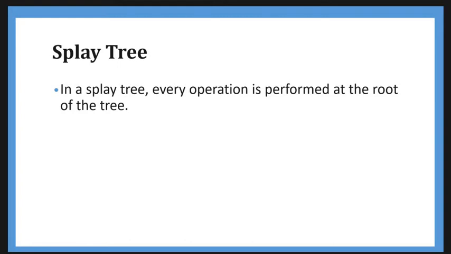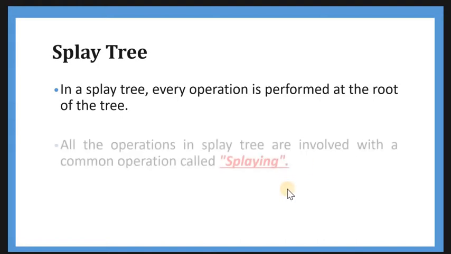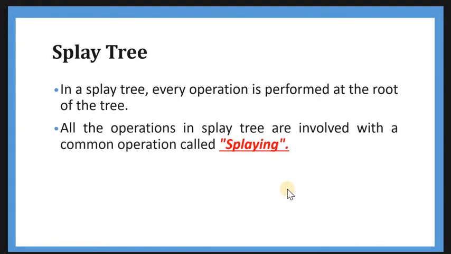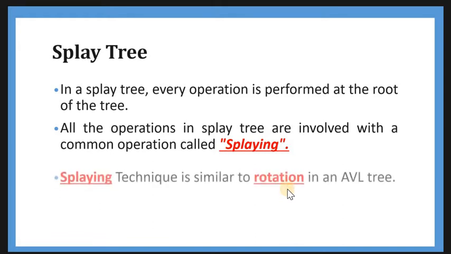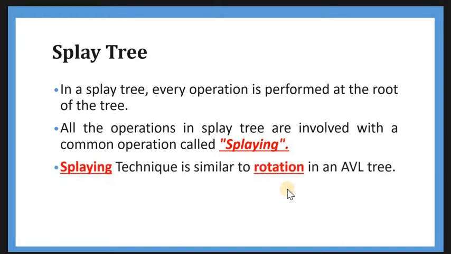In splay tree, every operation is performed at the root of the tree. All the operations in splay tree involve a common operation called splaying. Splaying is a technique similar to the rotation in AVL tree.